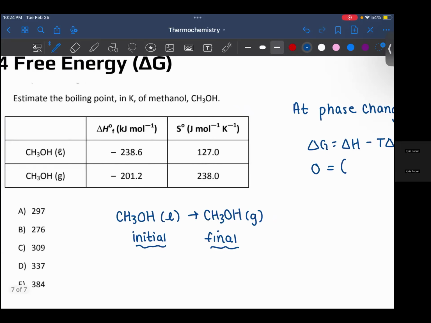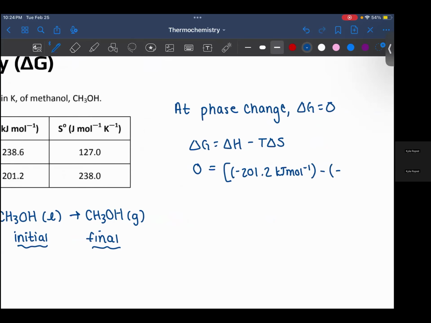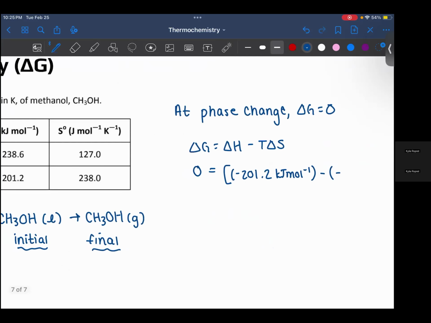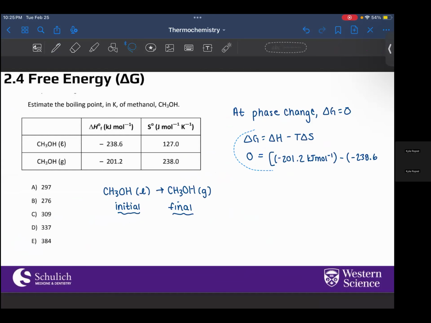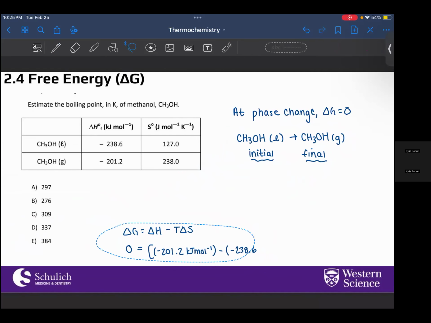So we'll do negative 201.2 kilojoules per mole minus negative 238.6, and I'm actually just going to move this just so there's a little bit more room here.